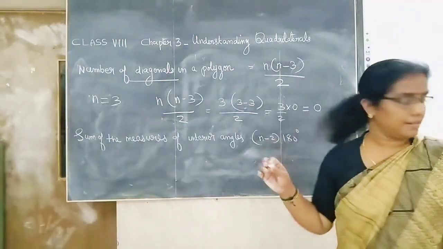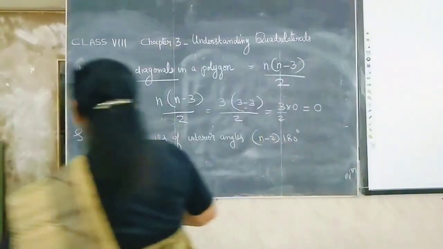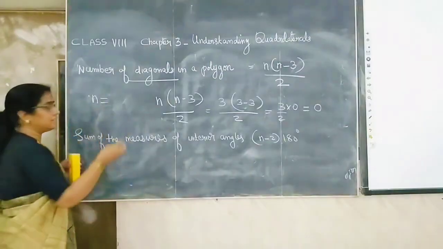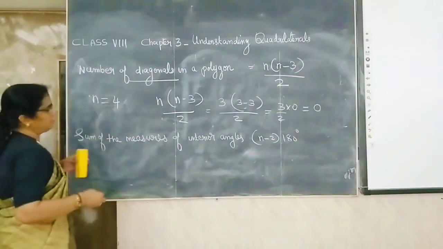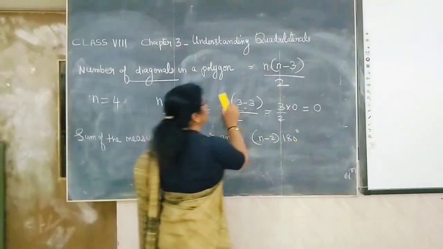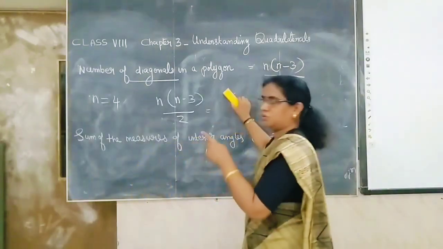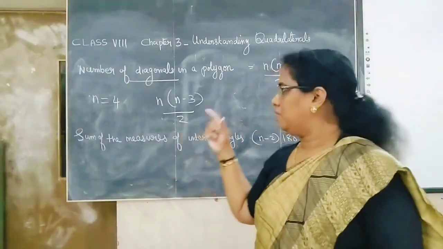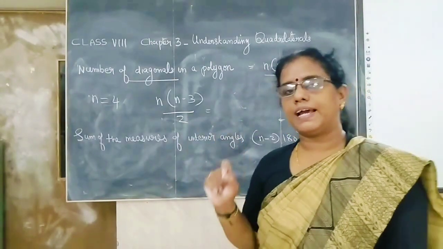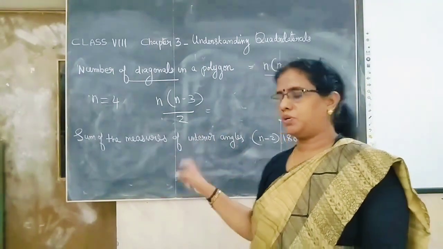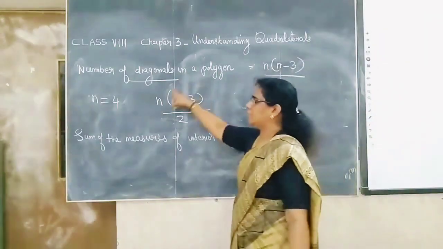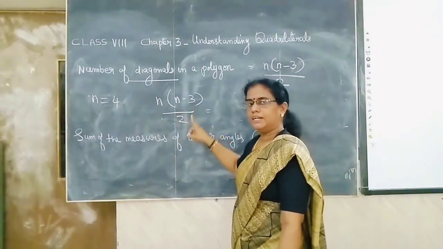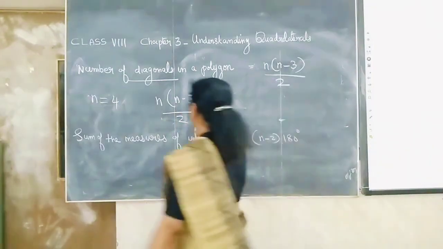Now we can take n equal to 4. That is, for a quadrilateral. 4-sided polygon is quadrilateral. Therefore, instead of n, we can give the value 4 because it is a 4-sided polygon. Now we are going to find how many diagonals we can draw for this polygon. That is, we can use the equation n into n minus 3 divided by 2.